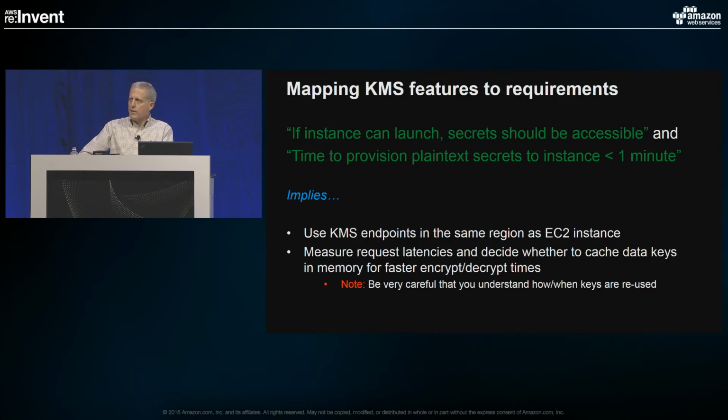This reuse of a data key or caching data keys ends up being what we'll call a necessary evil in many cases because your application just can't afford the latency of making yet another network call.